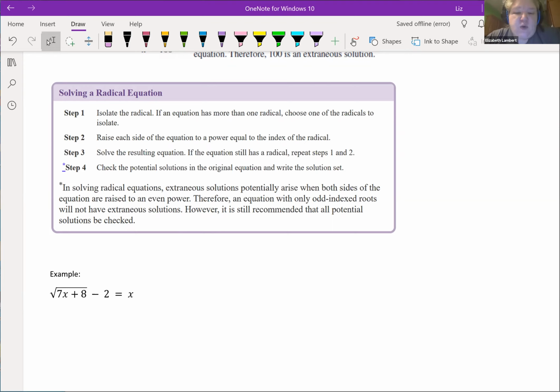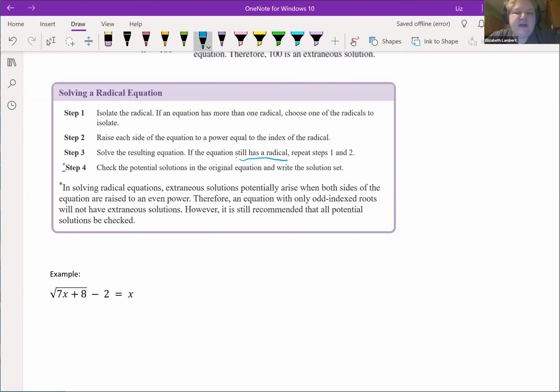Then you solve that equation, and then note here, if it still has a radical, do it again. Isolate that radical. Then raise both sides to a power and then solve that equation, because then the radicals should be gone. Check the potential solutions in the original equation and write the solution set.